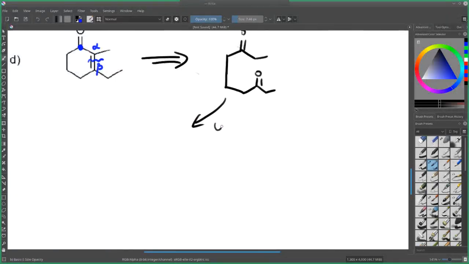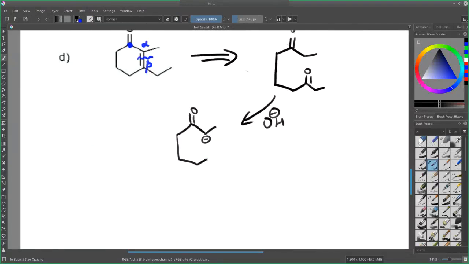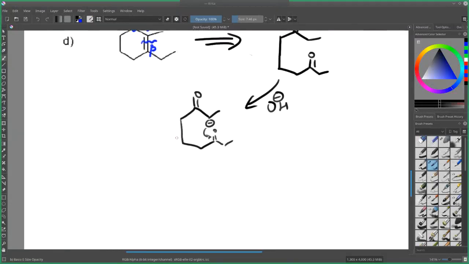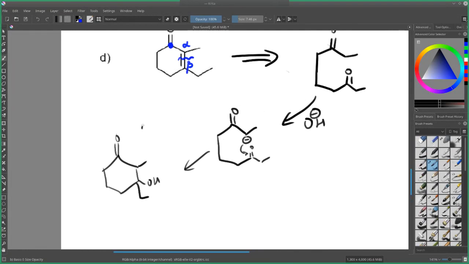So how about we just use hydroxide? We will get our enolate over here, which will attack over to here, and from there, that becomes an alcohol. All right, and then you just heat it with base some more.